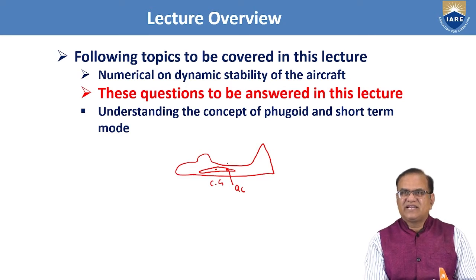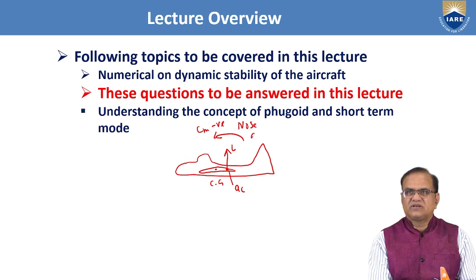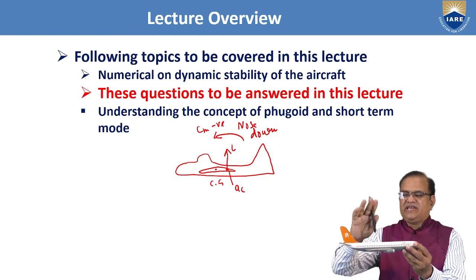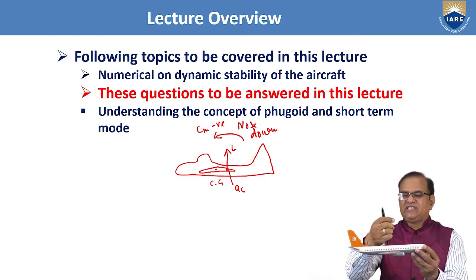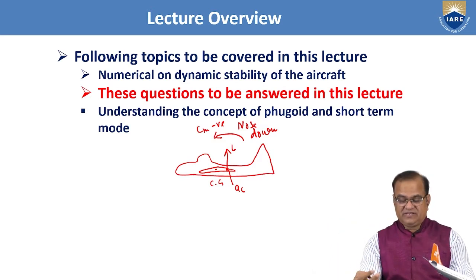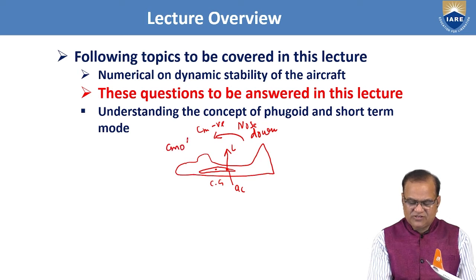If it is like this, there will be lift here, and this will try to make the aircraft nose down, Cm negative. So if the AC is behind the CG, this lift force will make the aircraft nose down. But here Cm0 will also be negative.